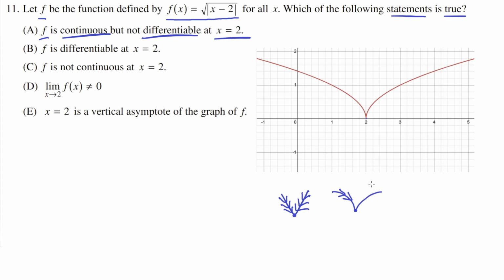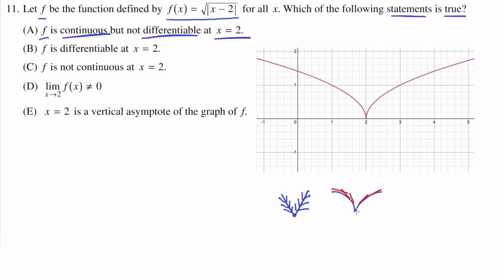If we were to draw tangents on this graph with a different color, we would see that the tangents approach this sort of vertical slope from the left-hand side, and they're all negative, and the ones on the right-hand side are all positive.